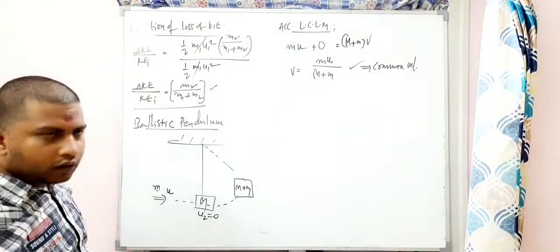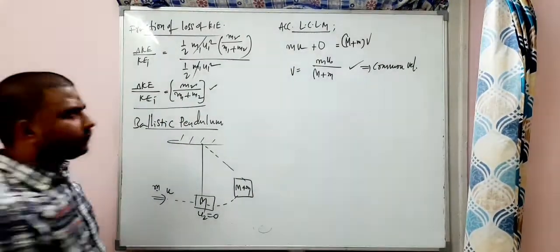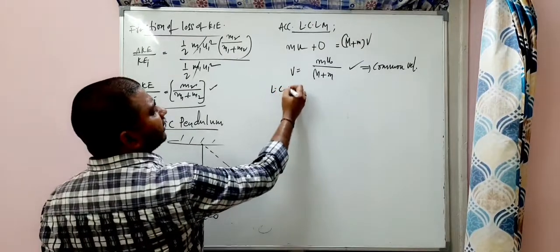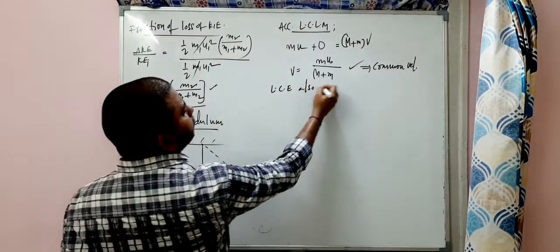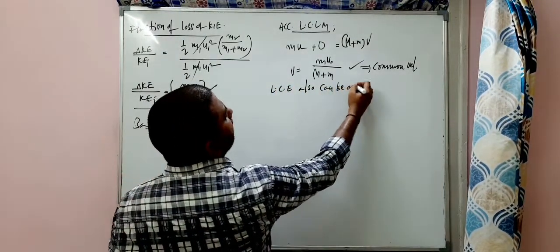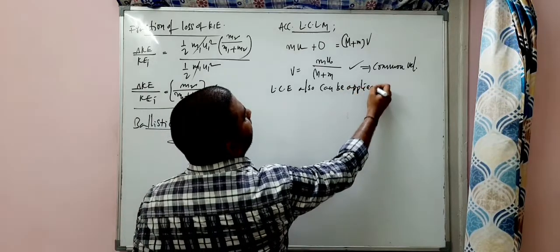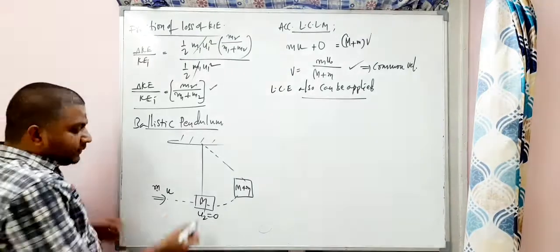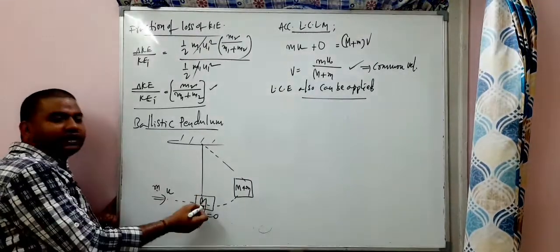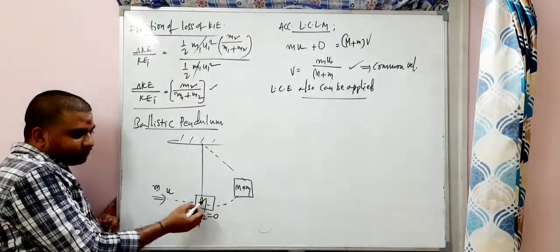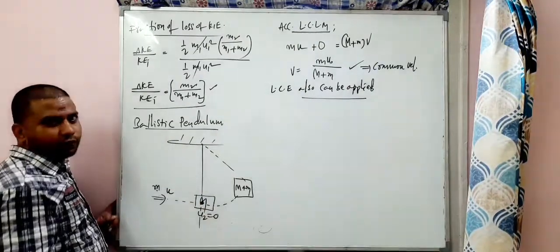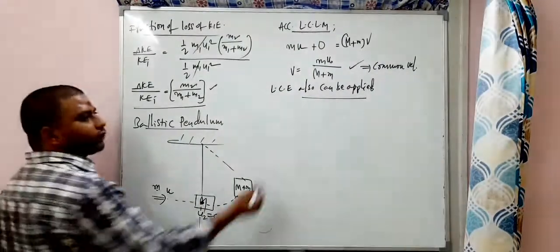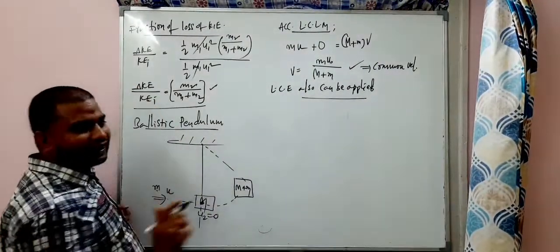Now, in the same case, the law of conservation of energy can also be applied. When the bullet strikes at this point, this point is the lowest point. At the lowest point, the body will possess only kinetic energy.